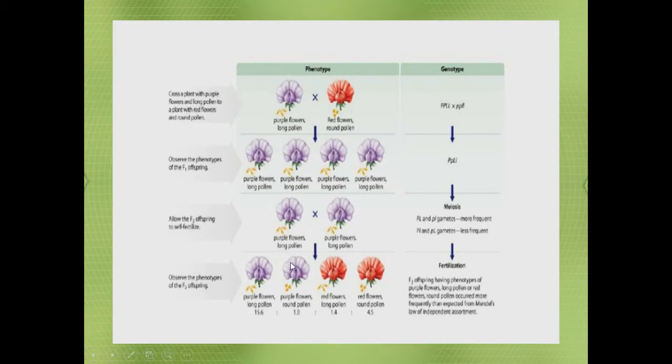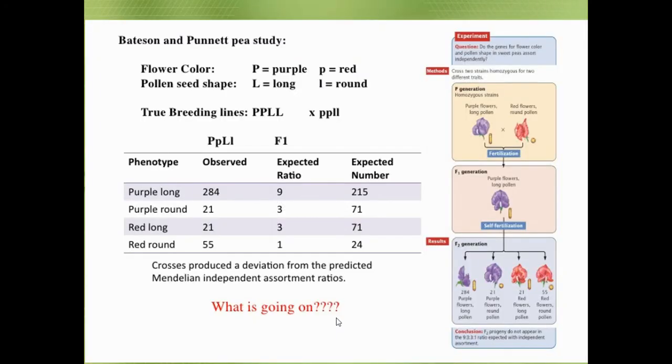Whenever you allowed them to self-fertilize, you ended up with a lot of purple long flowers, not too many purple round, not too many red long, and more red round flowers. So we didn't have too many of the heterozygous forms here, and these are our two heterozygous forms. The recessive traits kind of stuck together, and the dominant traits tended to stick together more often.